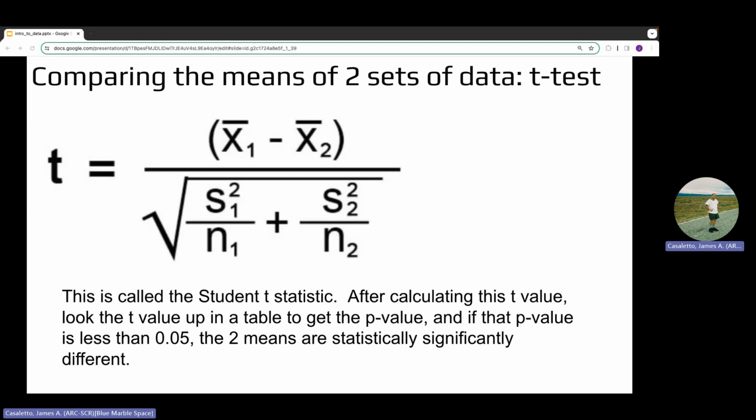Plugging those values into this formula gives a float value for t. We then look up this value of t in a table to get the associated p-value. If that p-value is less than 0.05, then we can say those means are considered to be statistically significantly different.